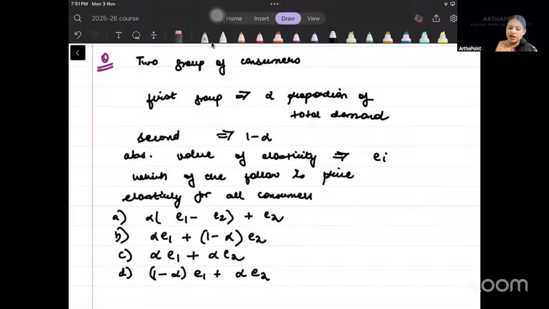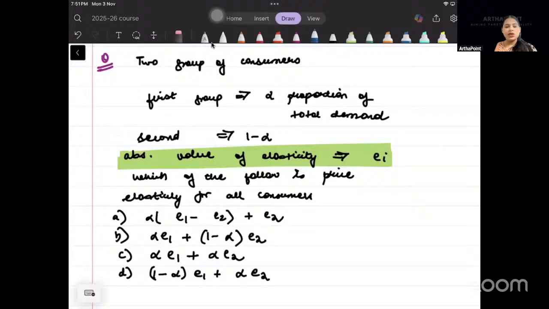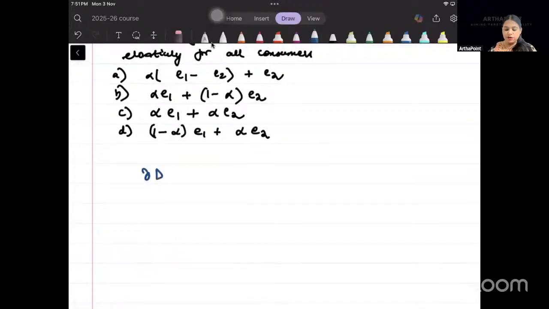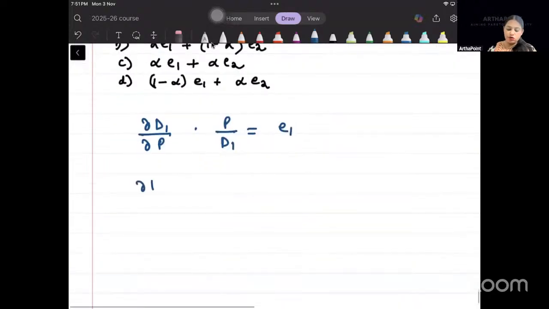So you're given the elasticity of the first is E1 and the elasticity of the second is E2, which means you are given how demand of group 1 changes when price changes: del D1 by del P into P by D1 is E1. How demand of group 2 changes when price changes: del D2 by del P into P by D2 is E2.